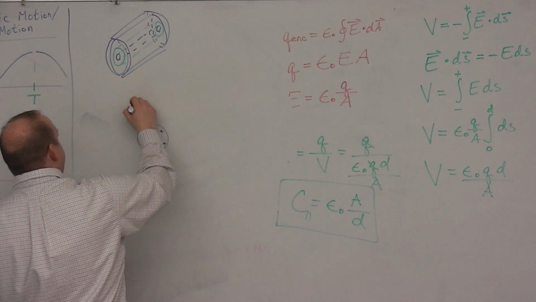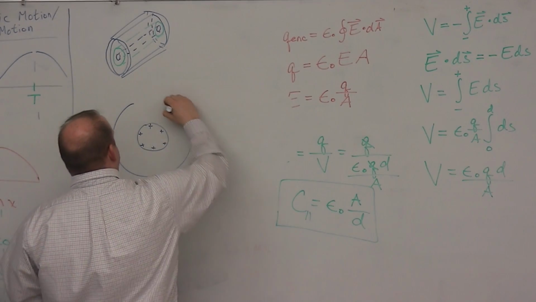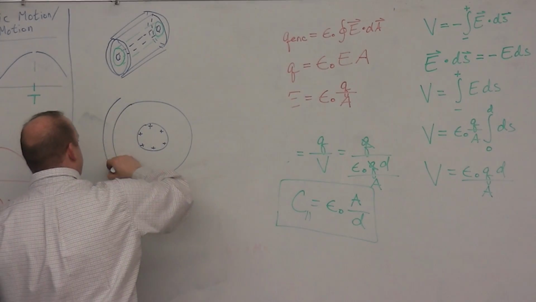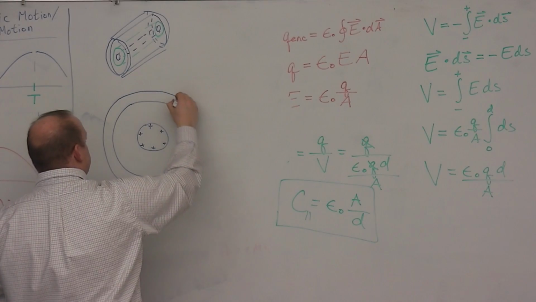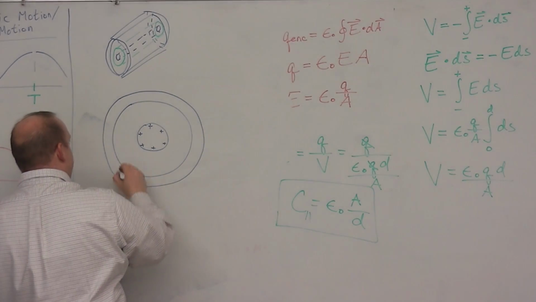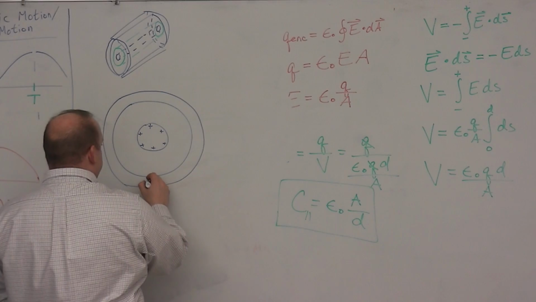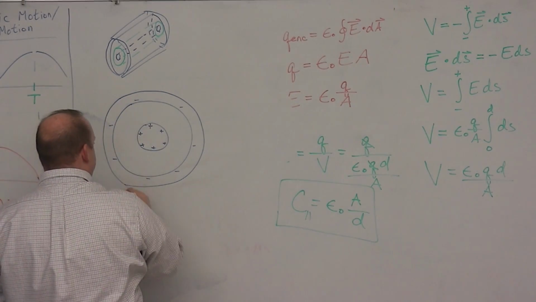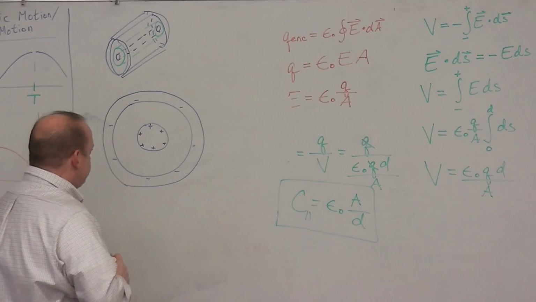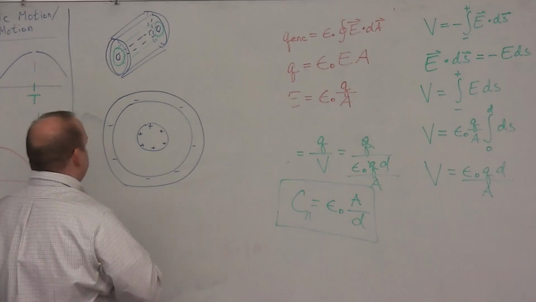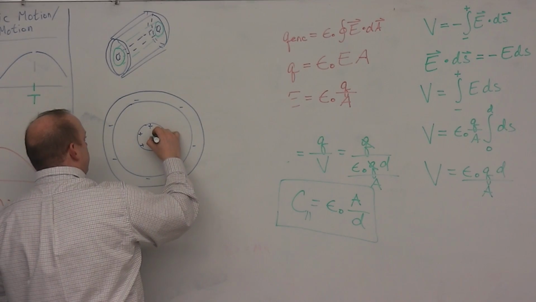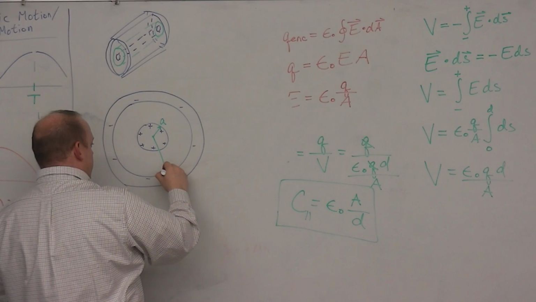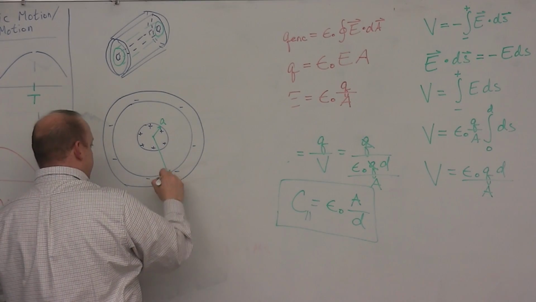Around that, I'm going to have another material, or another sheath around this, okay? And this is going to be negatively charged. I'm going to say that this is a radius A. Okay, to the inner wall here will be a radius B.